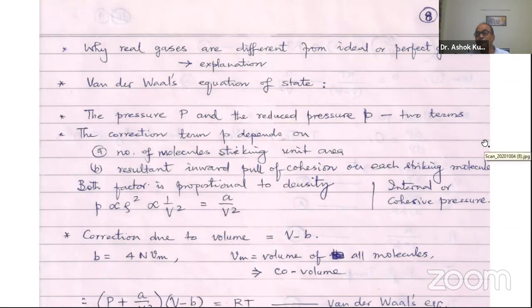This molecule has attraction from the left-hand side, upside, and downside, because this is the boundary wall. So the molecule is being attracted from all sides other than the right-hand side.